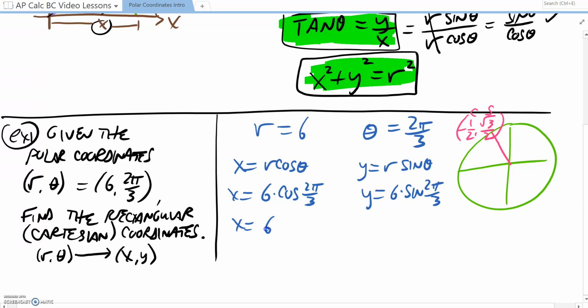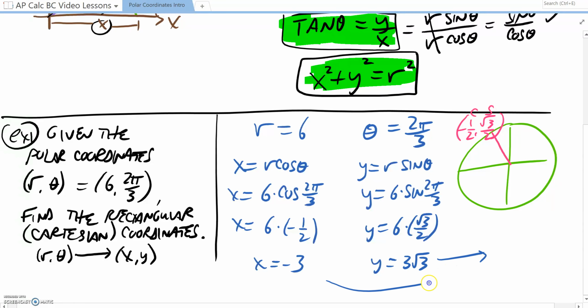So we get x equals 6 times the negative 1/2. y equals 6 times the radical 3 over 2. We'll just clean that up a little bit. x equals negative 3. y equals 3 radical 3. And there we have it. We'll bring them together. Our new coordinates in rectangular or Cartesian style would be negative 3, comma 3 radical 3. All right, there you have it.